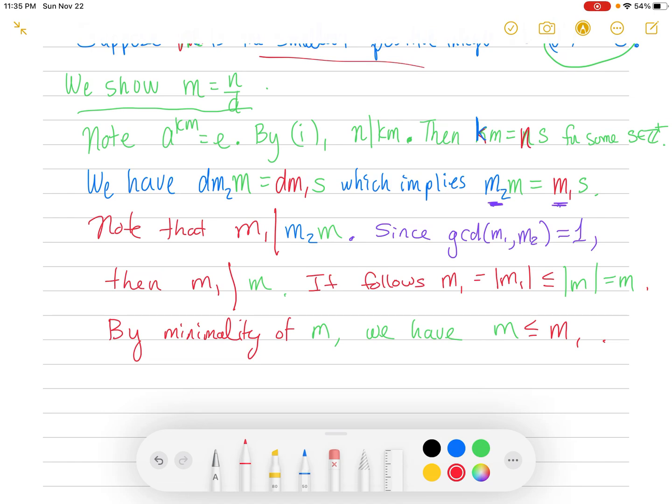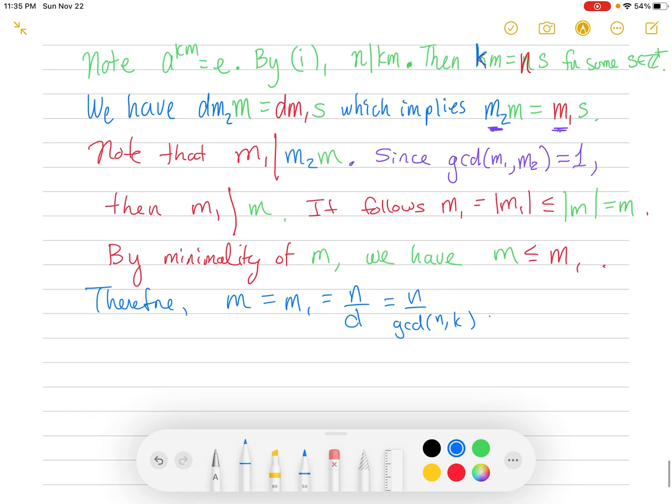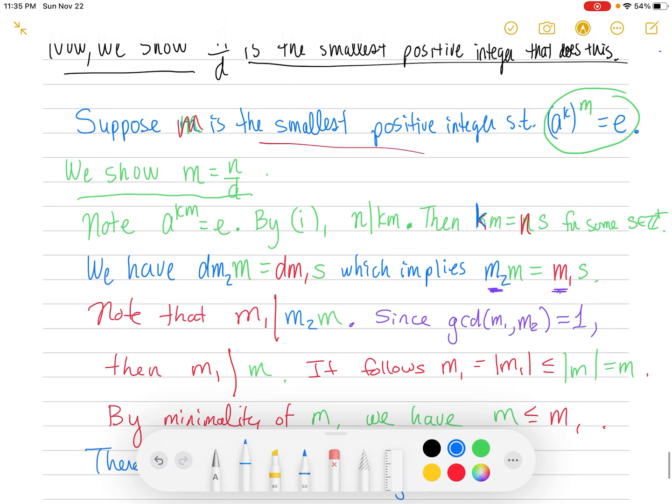That does the trick. So we have m1 is less than or equal to m, and m is less than or equal to m1. So therefore, in fact, m equals m1. And what's m1? It's just n over d, or n over the GCD of n and k, you could call it.